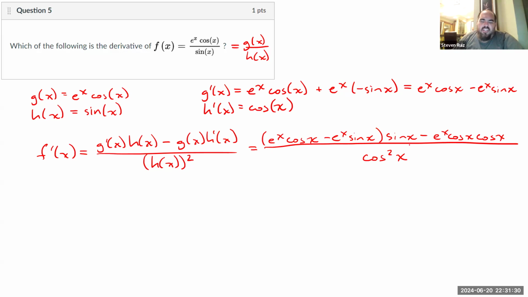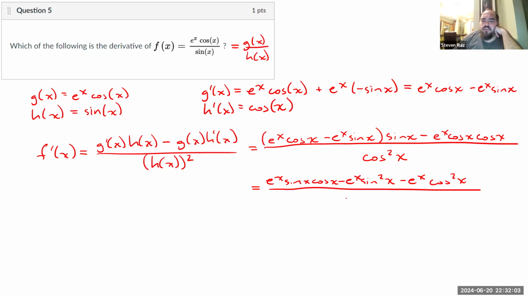So let's do a little bit of simplification here just to help you get a sense of which of the multiple choices is yours. Let's expand all of our brackets first. We're going to get e to the x sine of x cosine of x minus e to the x sine squared of x minus e to the x cosine squared of x, all over cosine squared of x.